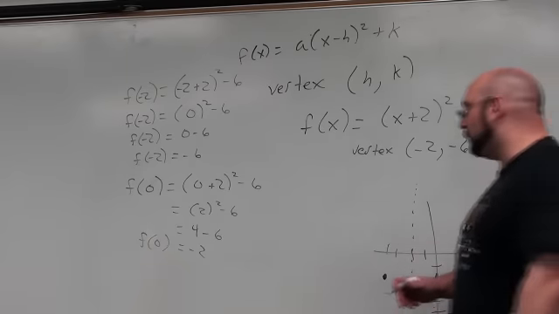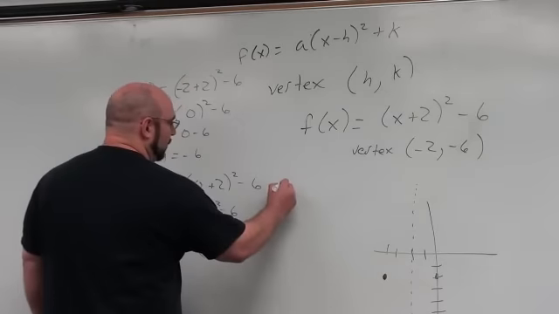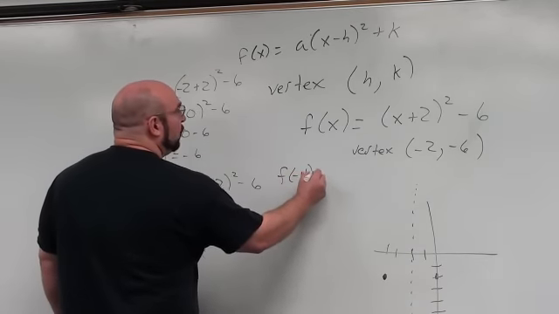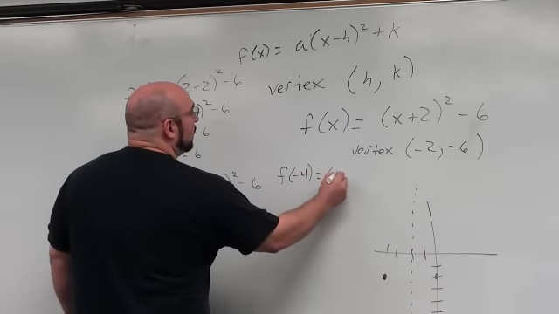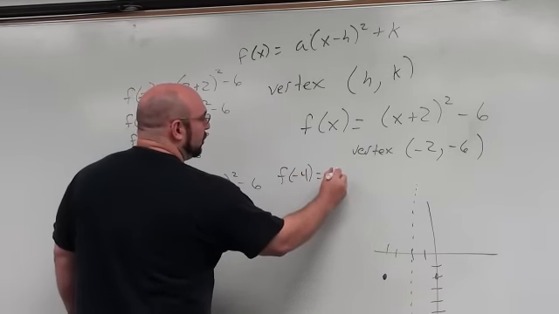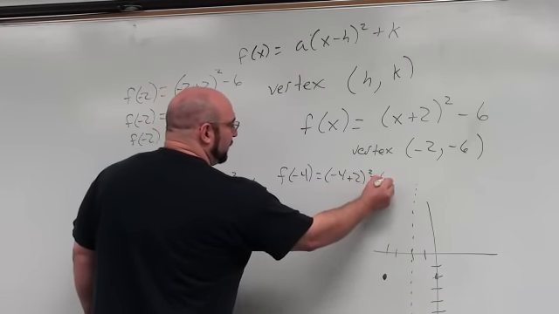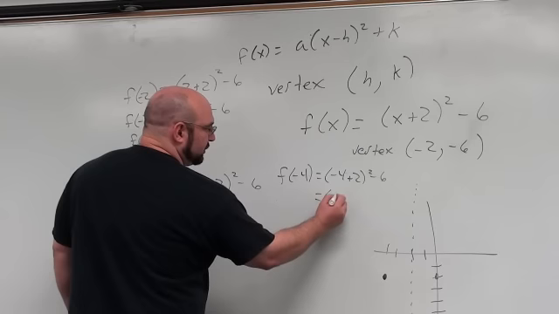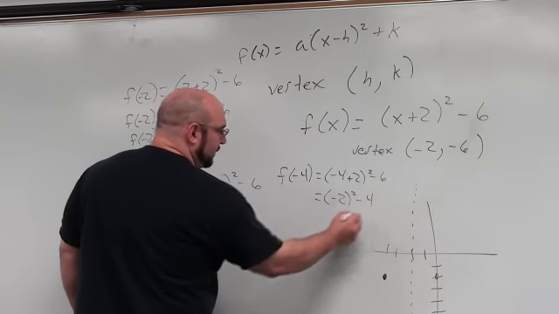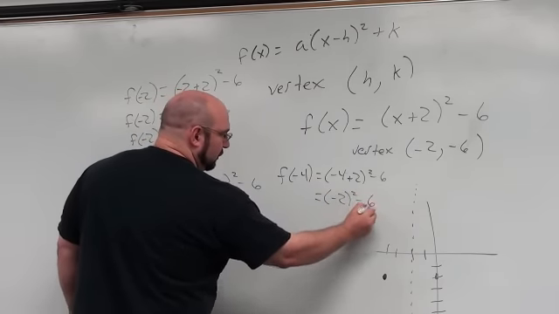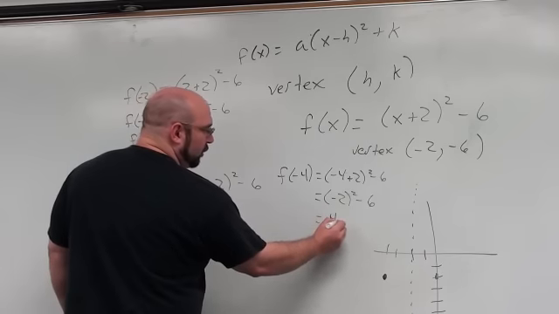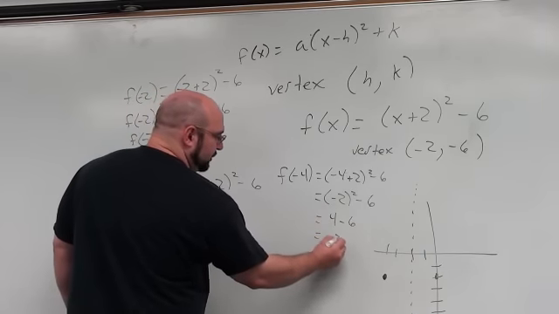So I'm going to use -4. f(-4) = (-4 + 2)^2 - 6, which becomes (-2)^2 - 6, which becomes 4 minus 6, which is -2.